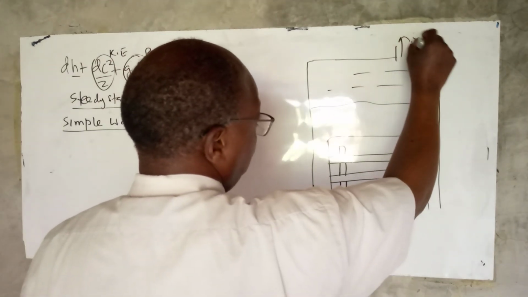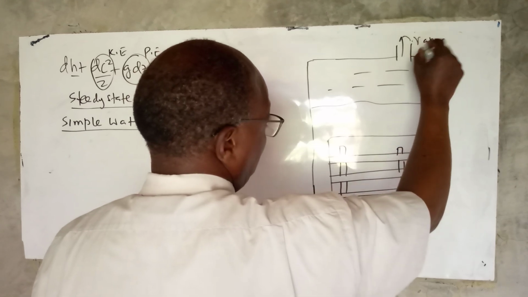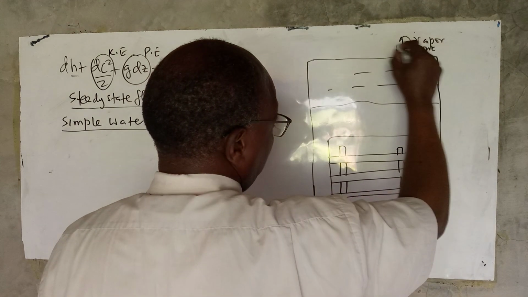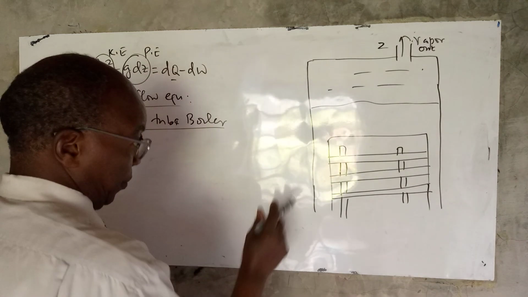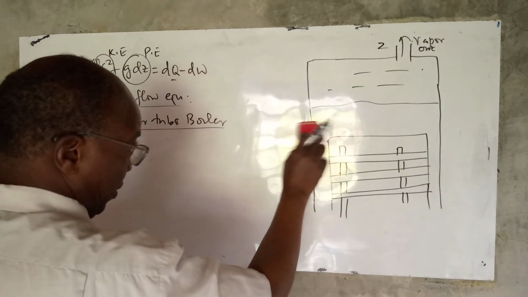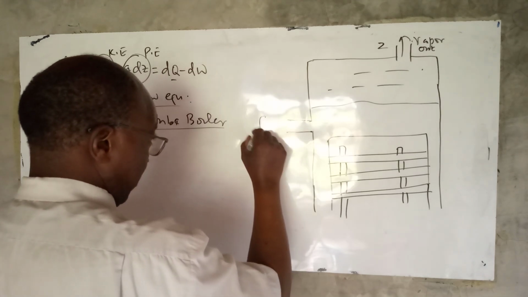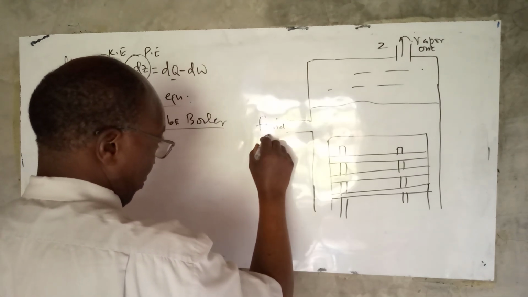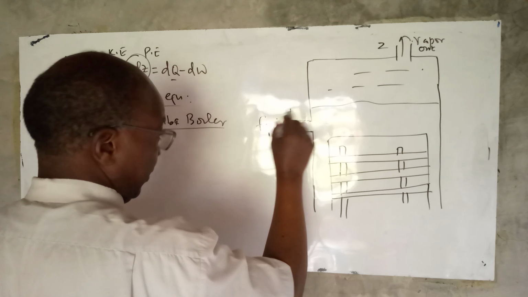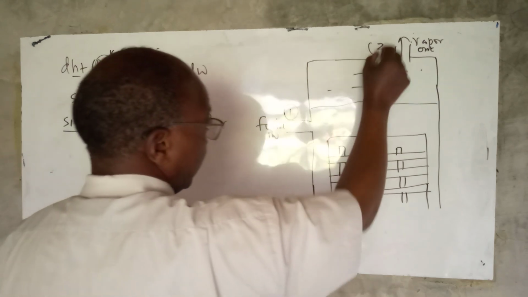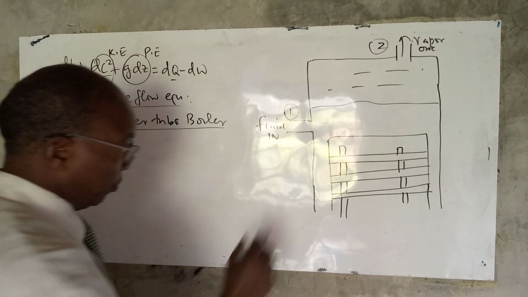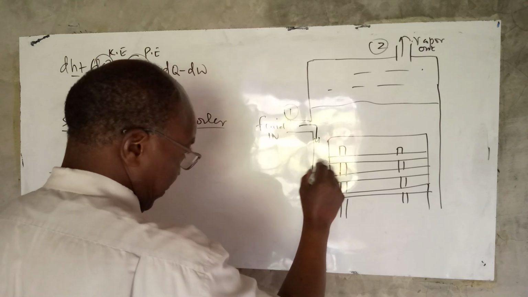So we have vapor out. Let's call that outlet, state point 2. Then you have, of course, fluid in. Let's call that state point 1.